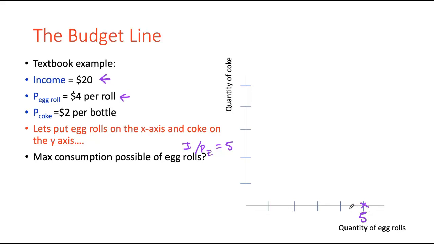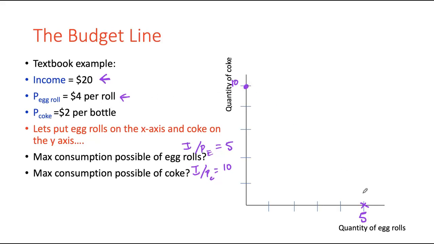This is the maximum consumption I can have of egg rolls if I was to spend all my income on egg rolls. Likewise, what's the maximum consumption of Coke that is possible for this particular consumer? So again, income is 20 divided by the price of Coke. That will give me 20 divided by 2 is 10 Cokes. So I can have, at the maximum, 10 Cokes only given the income of 20 and the price of Coke as $2.